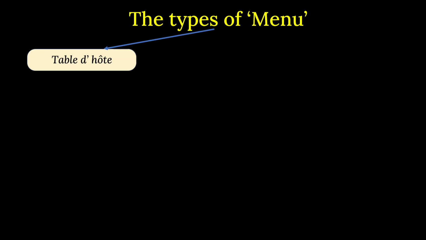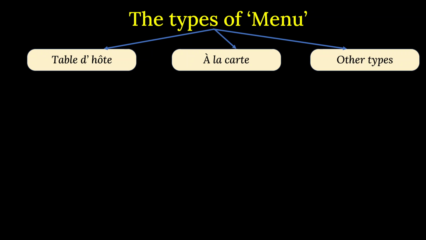Now the basic information we would like to know is the types of menu. What are the different types of menus available in the food world? Primarily, types of menu can be divided into three categories. Number one, starting from your left, is table d'hote. Look at the spelling, it is a French word.